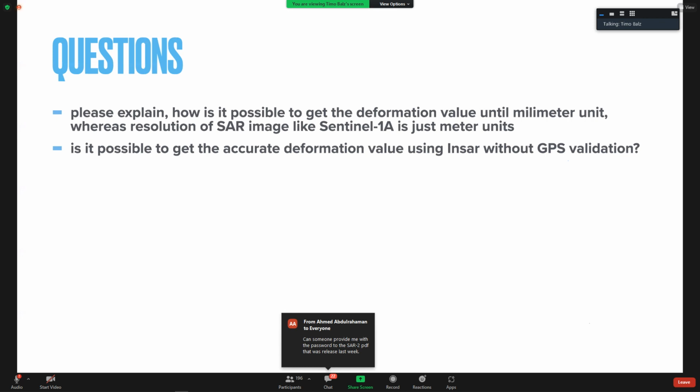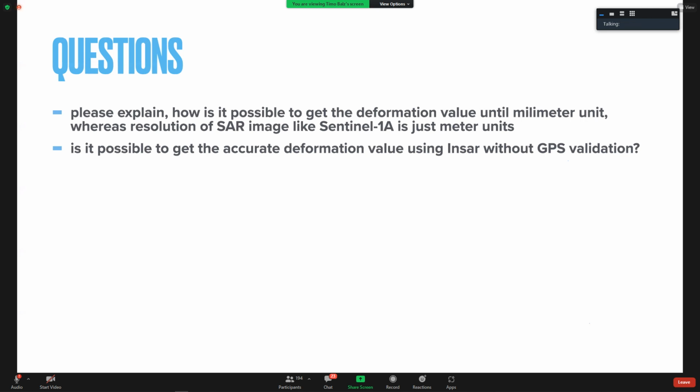Please explain how, and it's a good question, how is it possible to get the deformation value in millimeters when you have a resolution in meters, or even more than meters here? And is it possible to get the accurate deformation value using InSAR without GPS validation?